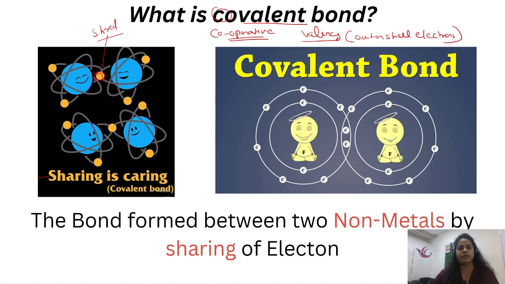Here in the covalency again these two electrons are being shared, so they are again cooperating with each other. The bond formed between two non-metals by sharing of electrons is called a covalent bond. See, the main thing is that you need to understand whatever we are teaching you. So covalent bond is something where there is a sharing of electrons.